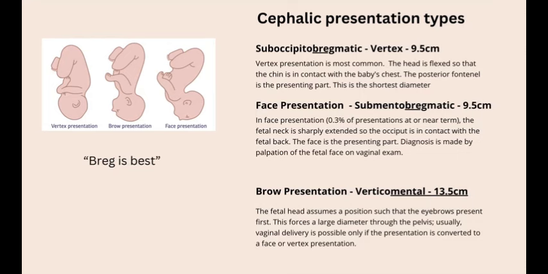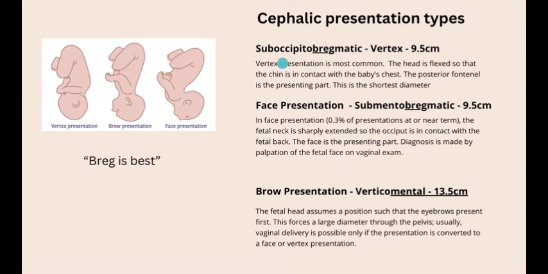Now, in terms of cephalic presentation, let's talk a little bit about that. Just because the head is down, that doesn't necessarily mean that the baby is able to be delivered, I should say, vaginally, or will be in a good position to be delivered vaginally.